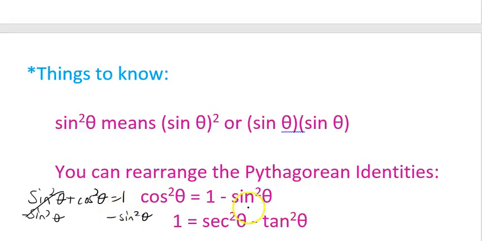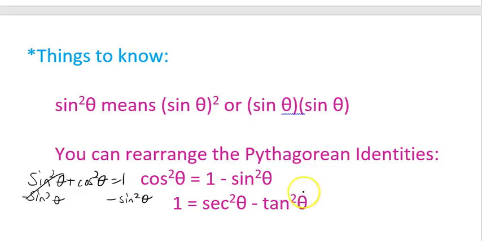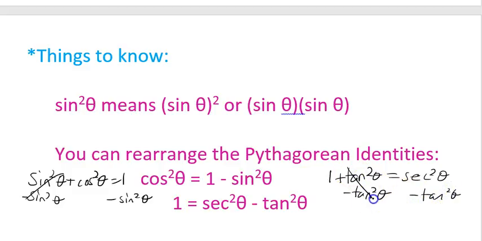The 1 equals secant squared minus tangent squared is really similar. It came from 1 plus tangent squared equals secant squared. If you look at the difference between these two, you can see that all that's happened is they have subtracted the tangent squared from both sides. So the side on the left became 1, and the side on the right became secant squared minus tangent squared. That is legal to do and use.